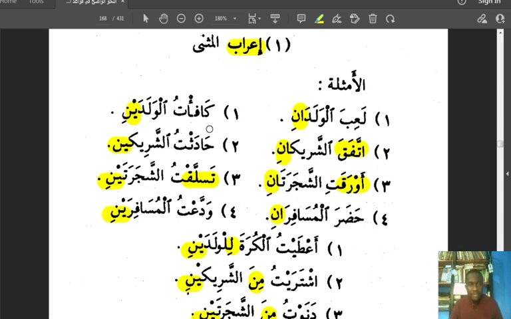Okay. If anything is not understood, please do well to ask and then it will be clarified. كافأت فعل وفاعل, فعل ماضي مبني على السكون لاتصاله بتاء الفاعل المتحركة, والتاء ضمير متصل مبني على الضم في محل رفع فاعل.